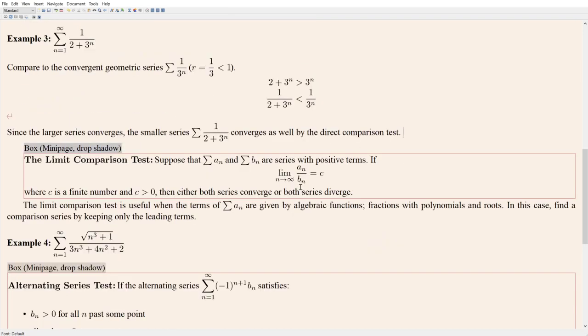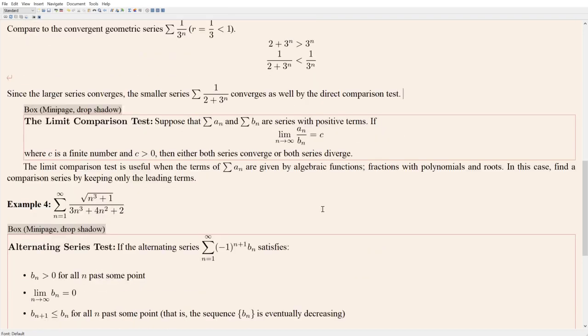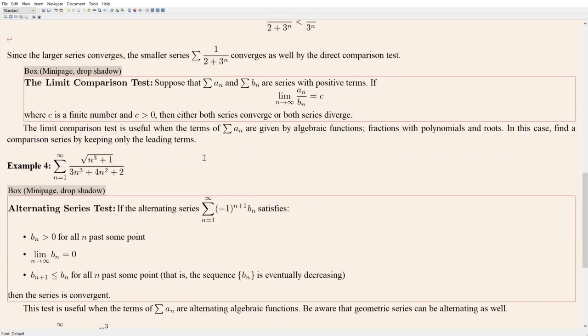Now, the direct comparison test is occasionally useful, but really the limit comparison test is where it's at. That one is much more broadly useful. And in particular, it's useful whenever the terms of the series are given by algebraic functions. So an algebraic function is something ugly like this, where it's got polynomials and square roots.